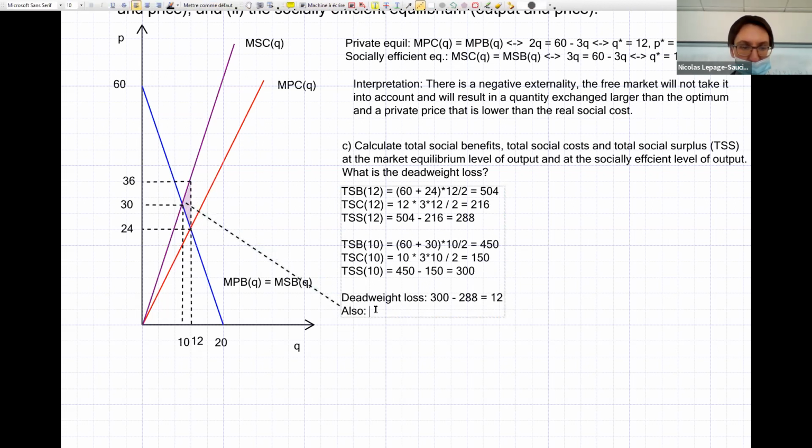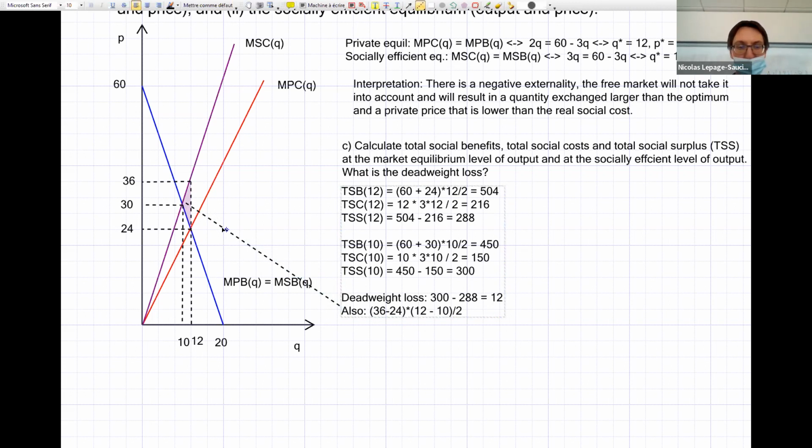So that's 36 minus 24 times 12 minus 10, divided by 2.